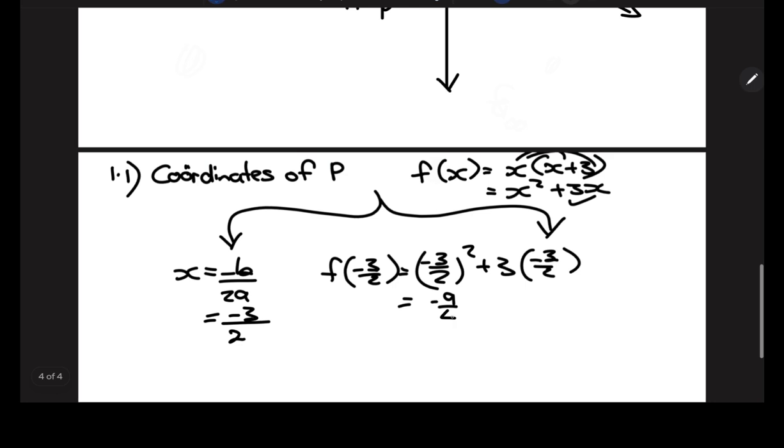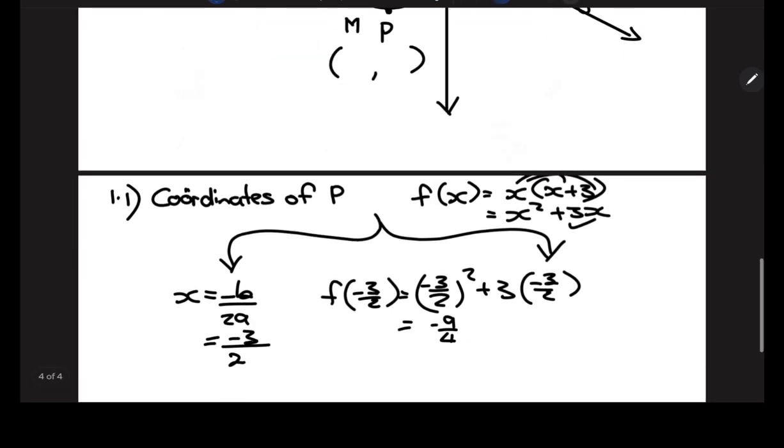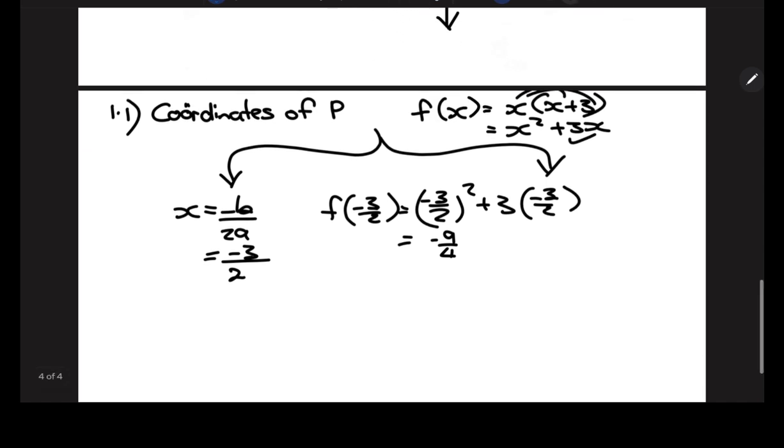I've got negative 9 over 4, so my coordinates of P would be negative 3 over 2 and negative 9 over 4. Okay, so that's the first method.